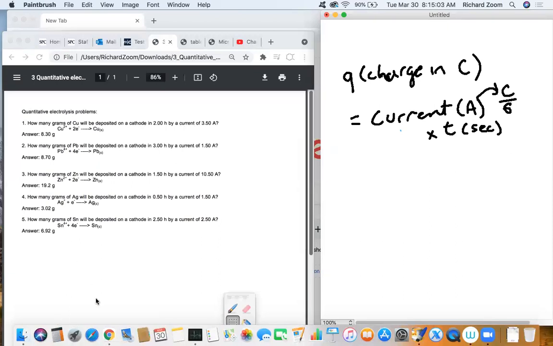So the idea here, again, we've got the current, which is 1.50 coulombs per second, multiplied by the time, which is 3.00 hours. And that needs to be converted into seconds, so 3,600 seconds per hour.